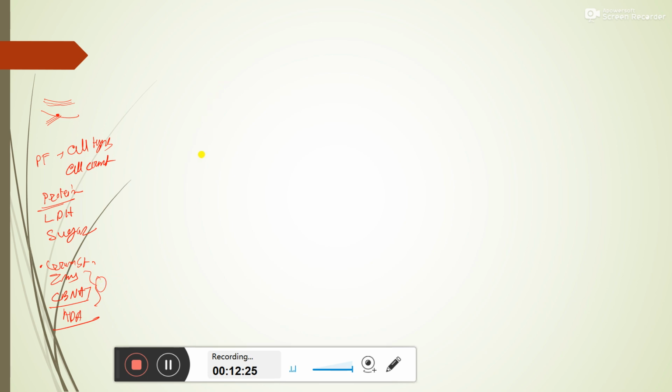But in tubercular effusion, if the primary cause is primary tuberculosis in the lung, and the pleural effusion occurs for that, we get no acid-fast bacilli, and CBNAAT also becomes negative in the pleural fluid, because it occurs due to hypersensitivity.